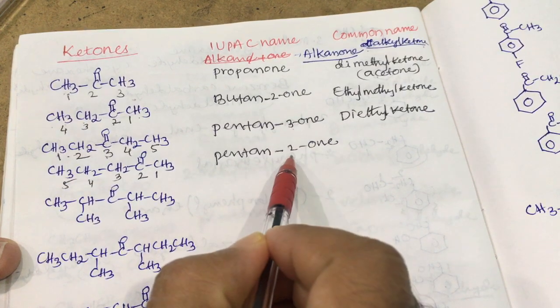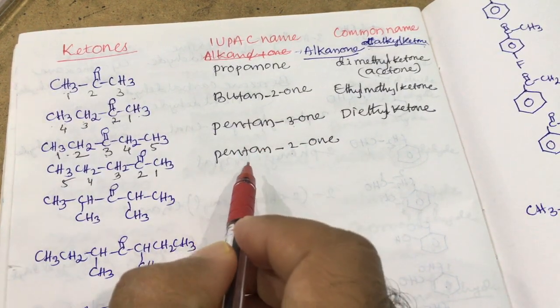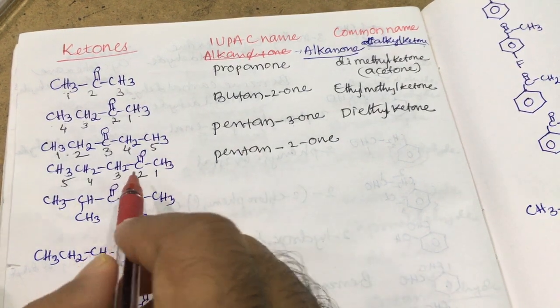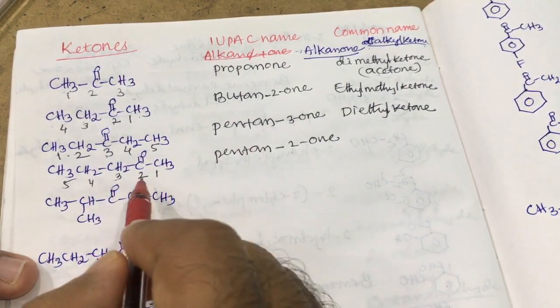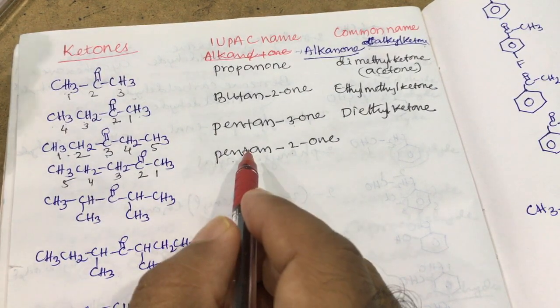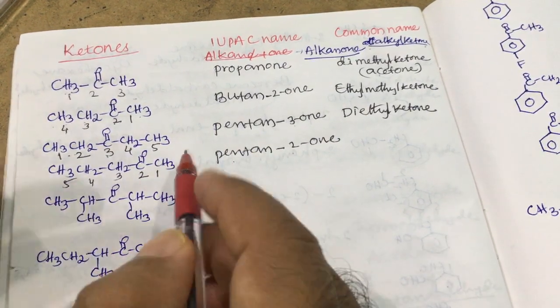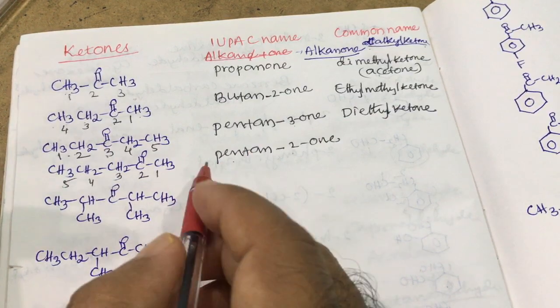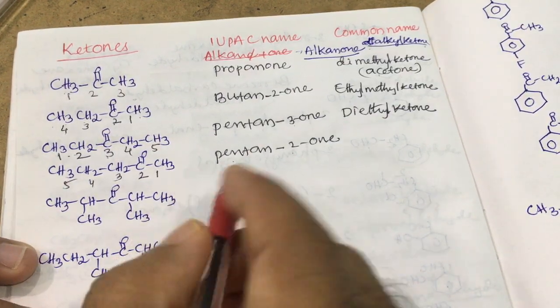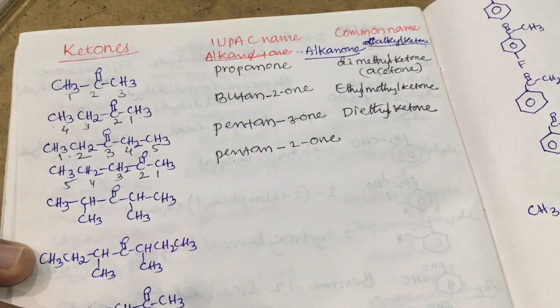Here 3-one, here 2-one. That's why these two are positional isomers, and these are also called metamers. When the left and right groups of the keto group are different with the same molecular formula. Pent means 5 carbons. So the same molecular formula with different alkyl groups on either side of a divalent group shows metamerism. So these are metamers also.